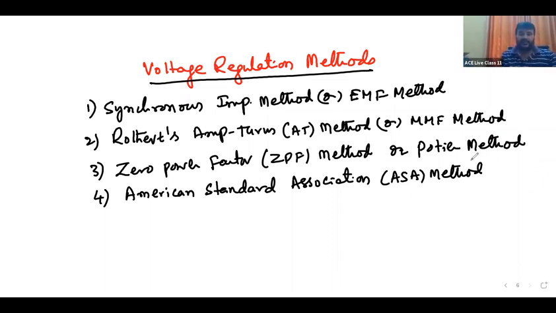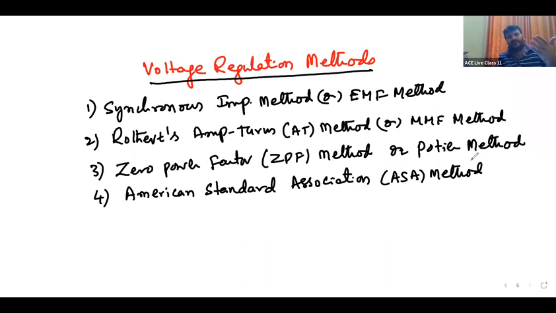First of all, why are 4 regulation methods required? Tell me. If only one method were there, then we would be happy. The syllabus would be less, and we could complete regulation methods today itself. But there are many voltage regulation methods because they are not right. They were not developed simultaneously. They came one after the other.